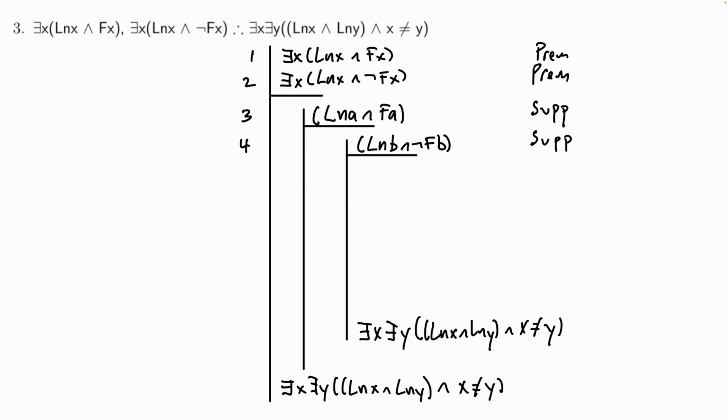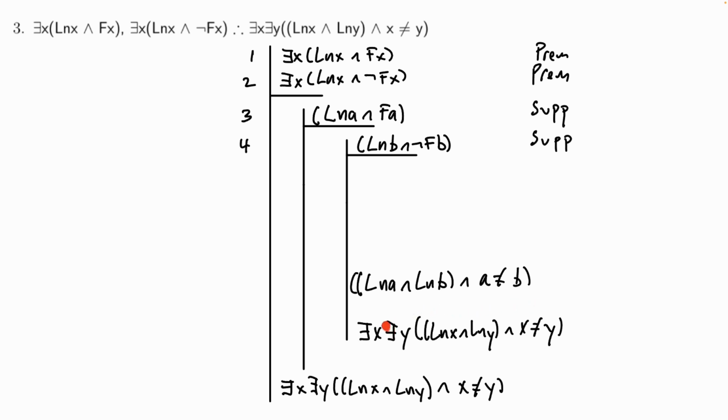And presumably that's going to be LNA and LNB, and A is distinct from B. If we can derive that, then we can use existential introduction twice to get this.